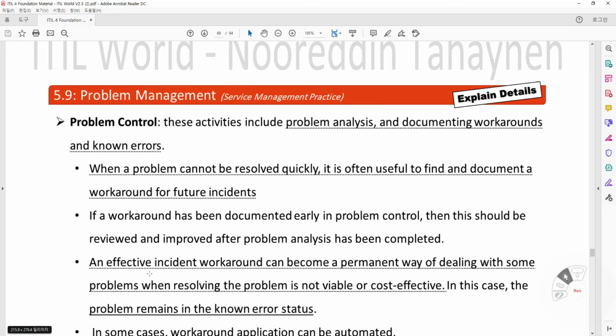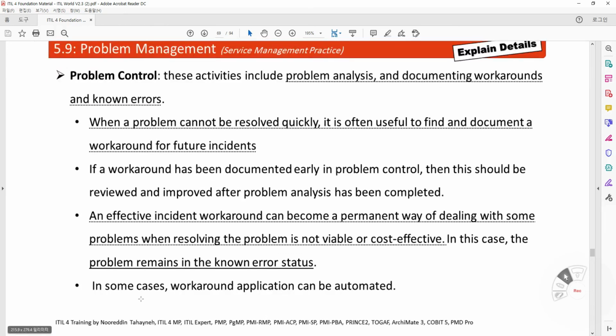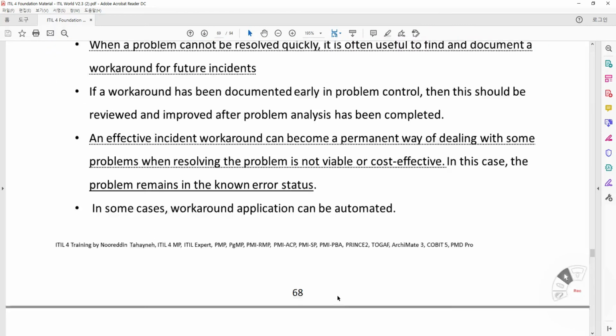An effective incident workaround can become a permanent way of dealing with some problems when resolving the problem is not viable or cost effective. In this case, the problem remains in the known error status. In some cases, the workaround application can be automated.